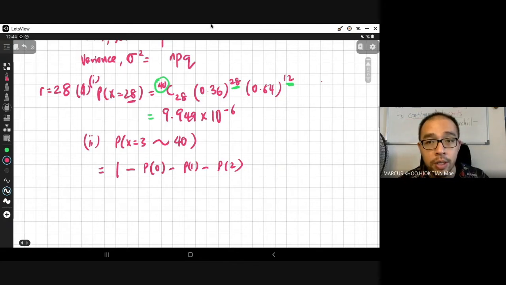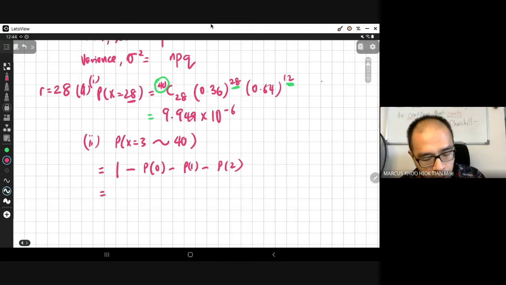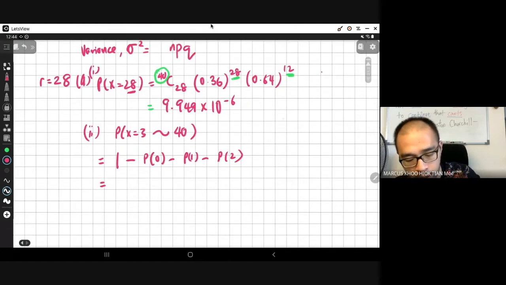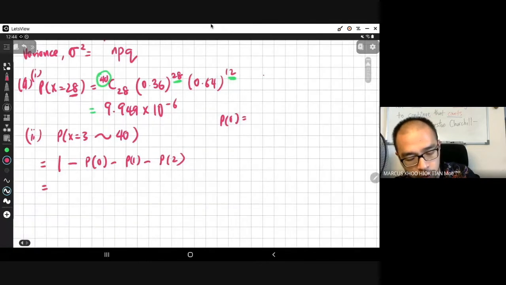Okay, so different people, please individually count. Tell me what is the probability of 0, what is the probability of 1, and what is the probability of 2? Okay, I'm just going to write this at the side here to give you all a bit of a boost. 40C0, 0.36 to the power of 0, 0.64 to the power of 40.